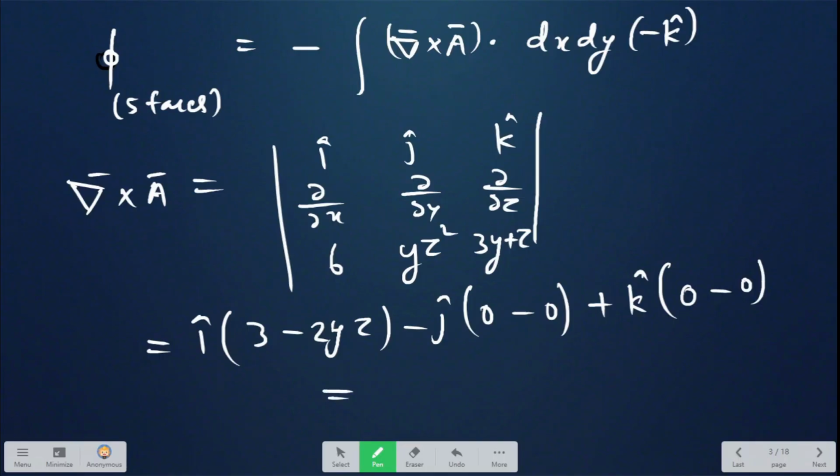Therefore we have del cross A equal to (3 minus 2yz) i cap. So this is the curl of magnetic vector potential.